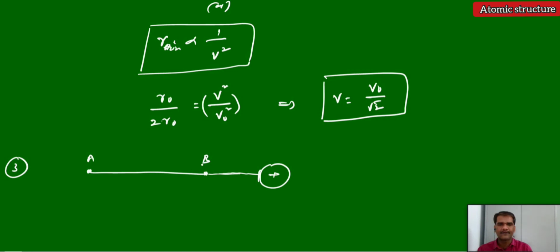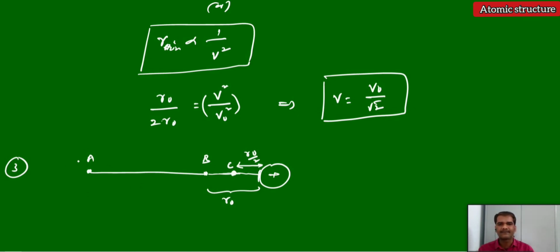Still, if you apply more kinetic energy or more velocity, the particle can move a little closer. Here we didn't know the minimum distance. Now we assume that the particle is moving up to this point, where the distance is R naught by 2. At this point C, we have to calculate the velocity.